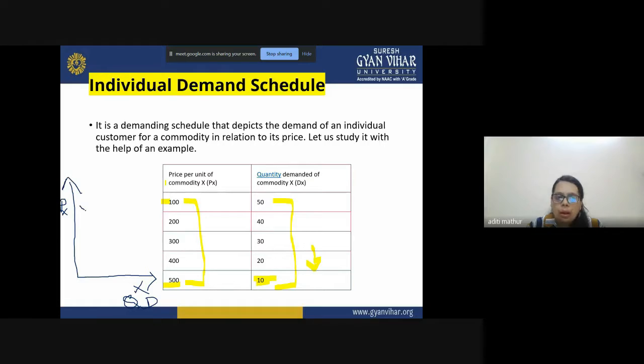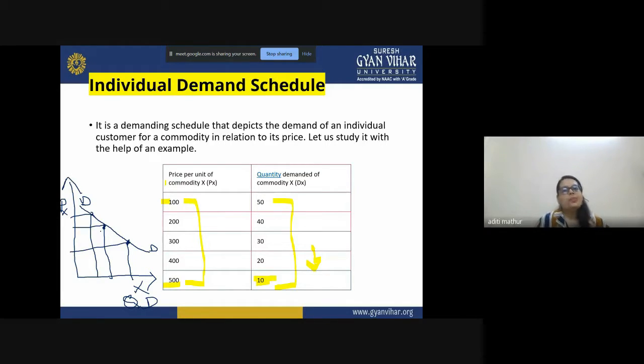And when you plot it, we draw a line which will be downward sloping, and this is your individual demand curve.